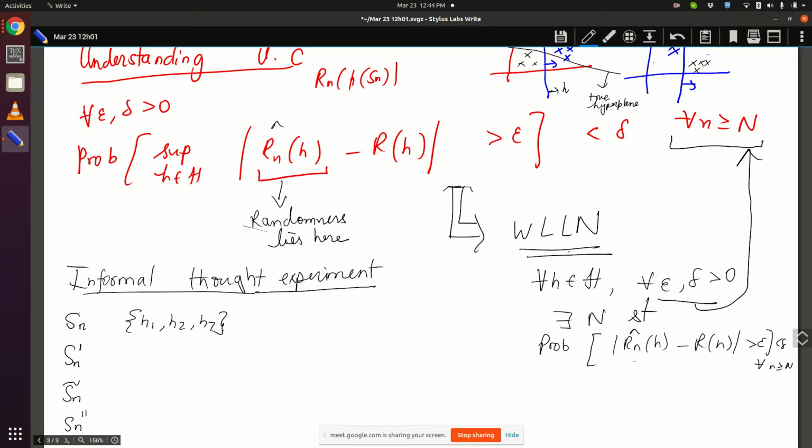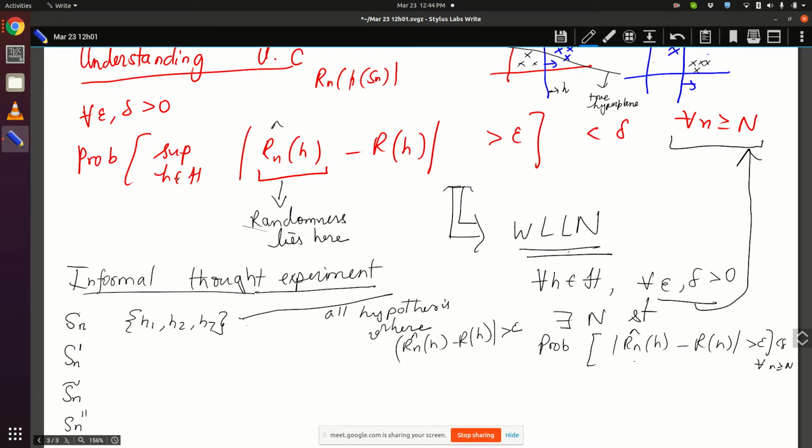So what is H1, H2, H5? These are all the hypotheses where Rn hat H minus R of H is greater than epsilon. These are all the bad sets. Is that okay? So these are all the bad things.